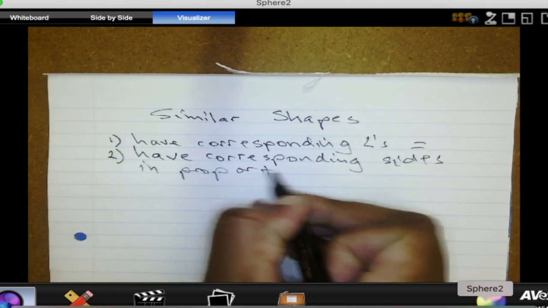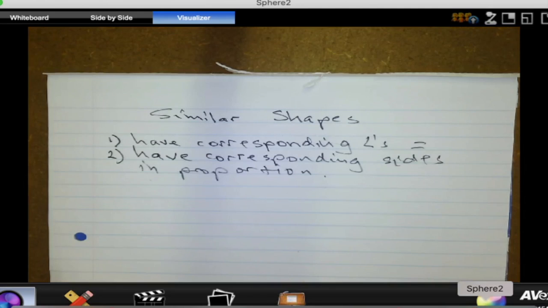We will explain what this means in this lesson. Okay, so those are the two conditions for shapes to be similar. Their angles should be equal, but their sides should be in proportion. All right.